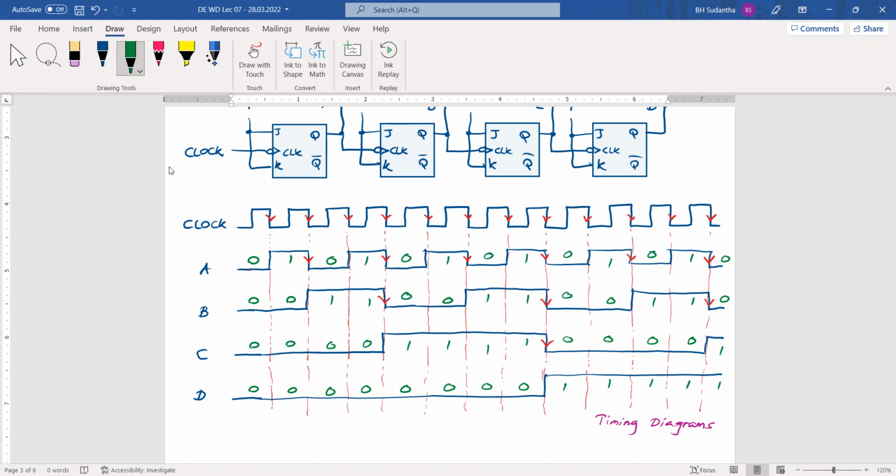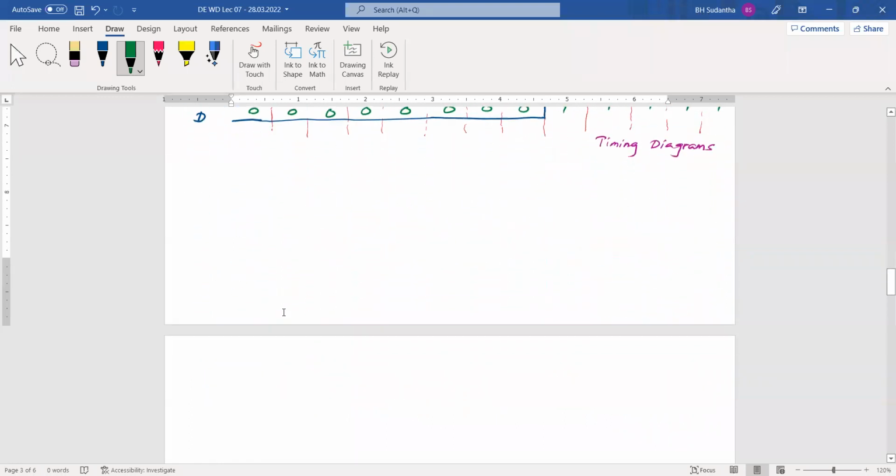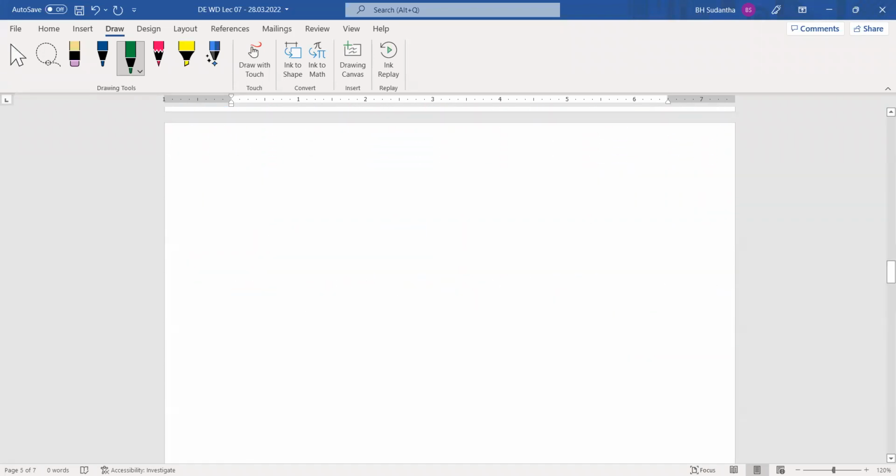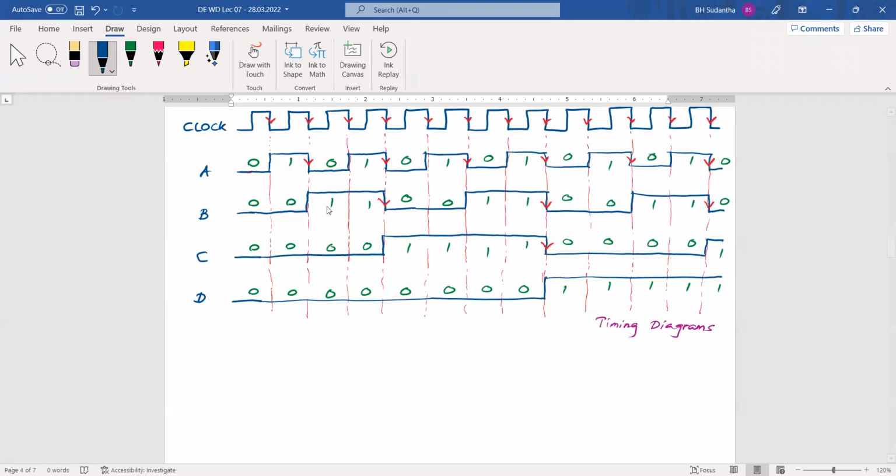Okay, if I write those values in a table, for example, then if you consider these values, first, what is this?